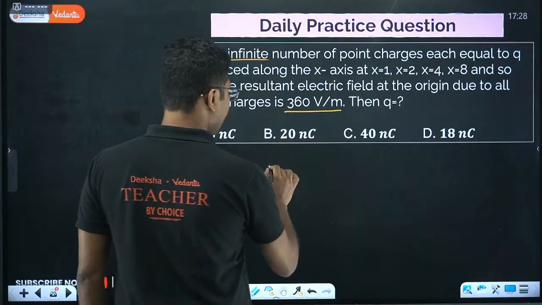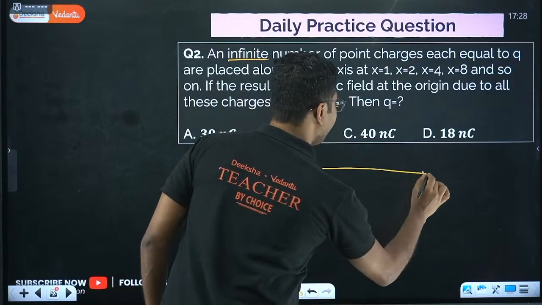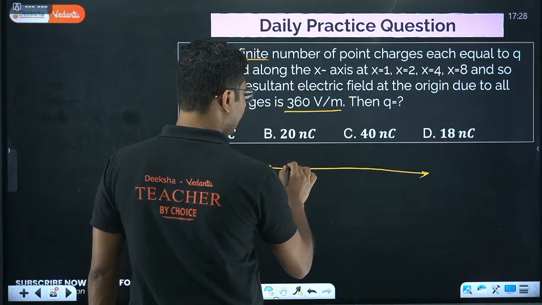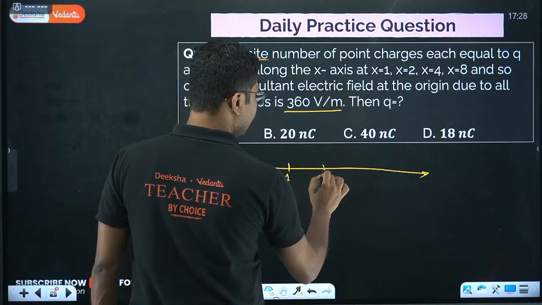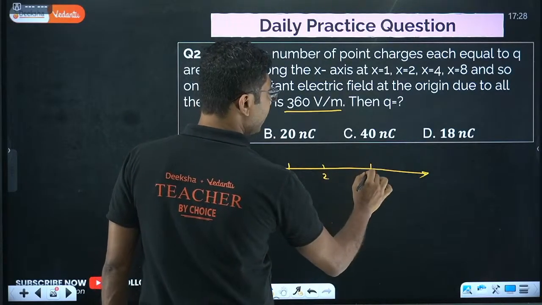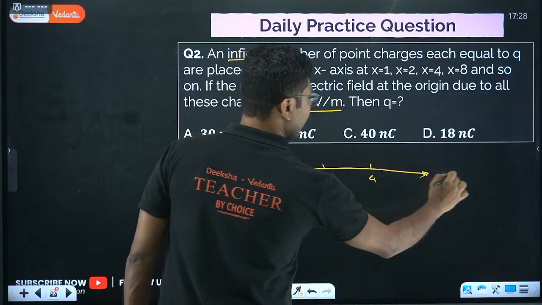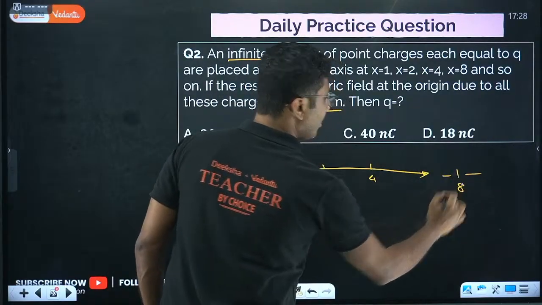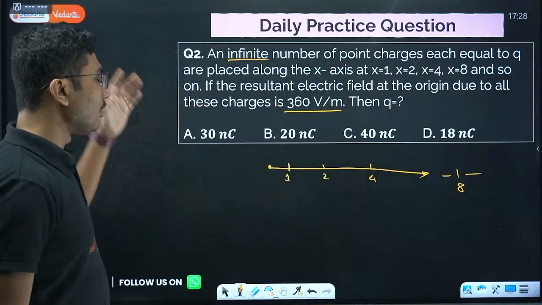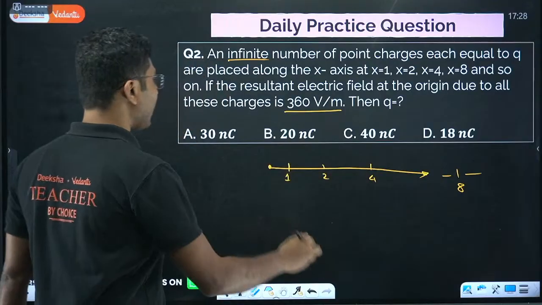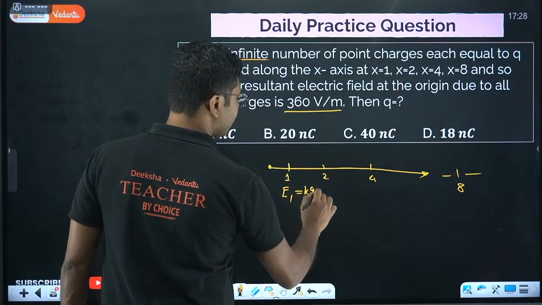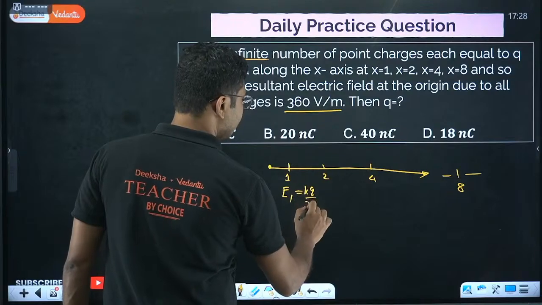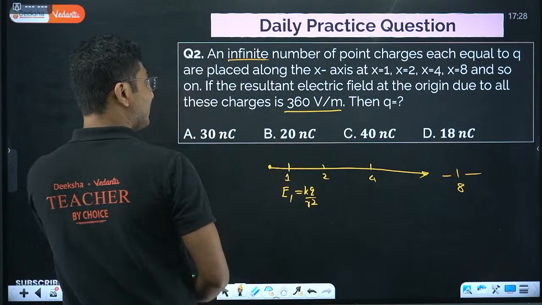So basically it says that you have some charges. I am giving you some hint. This is slightly tricky question. So x equals to 1, x equals to 2, x equals to 4, x equals to 8, etc. Okay, so this is how to approach this question. You have to find the electric field for this, E1, which will be kq1 by r square. Charges are same, but distances are different.